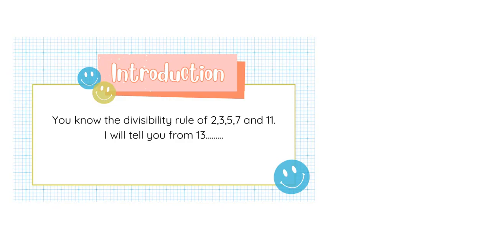Some of you might know the rule of 13 also, but what about 17, 19, 23, 29, 31, 37? Today I am going to tell you the divisibility rules of all the prime numbers. You say the prime number, I'll tell the divisibility rule. So let's start without wasting time.